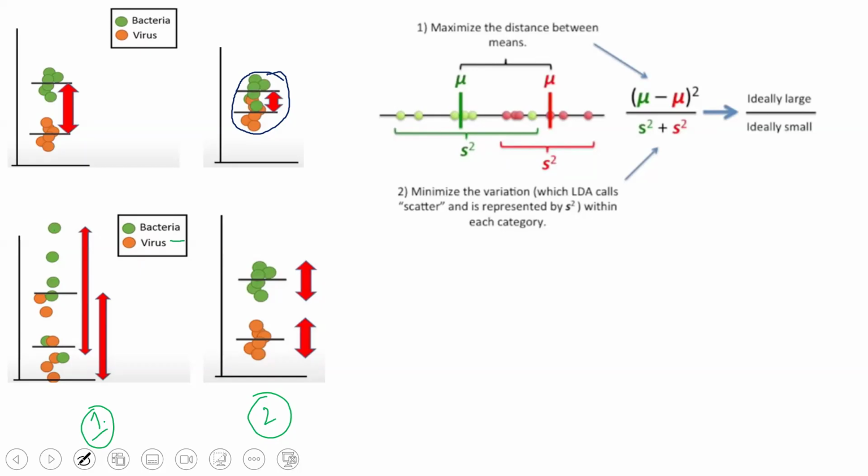Just look at each category, not the whole data. Or let me ask it like this: is the variance more for bacteria in diagram 1 or diagram 2?